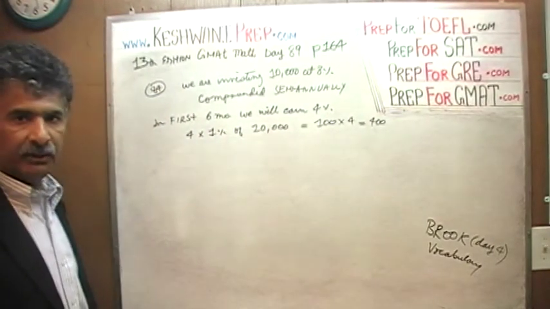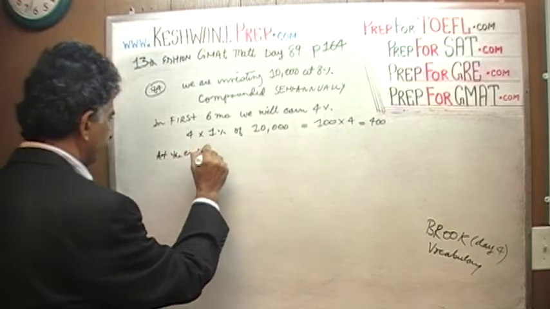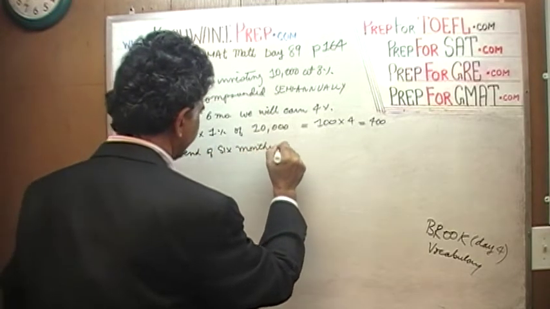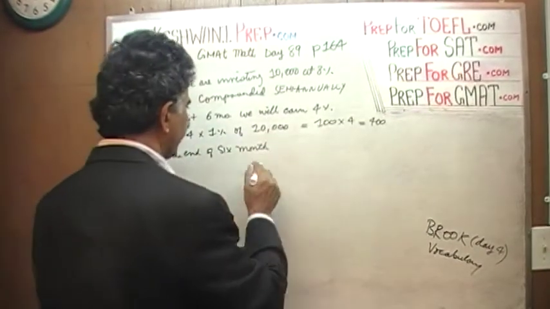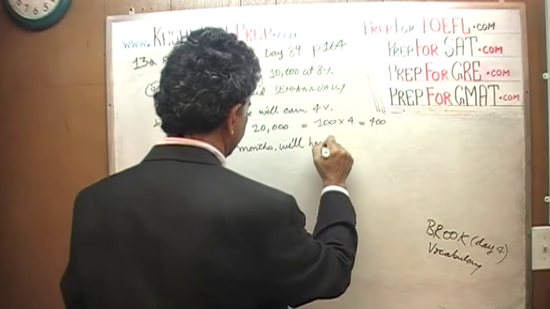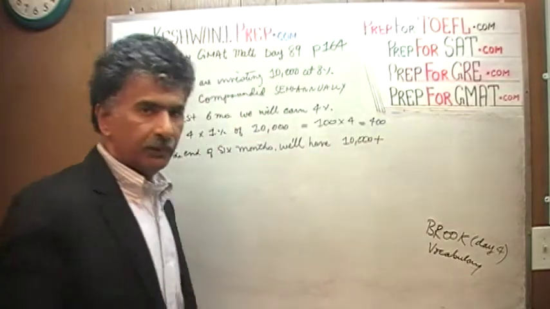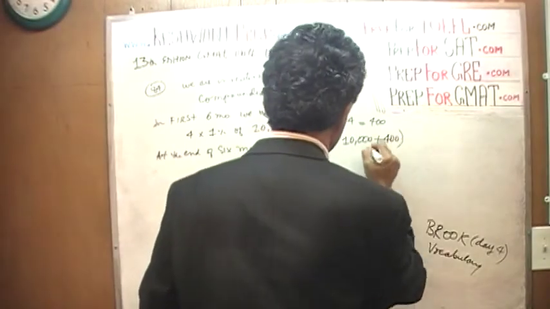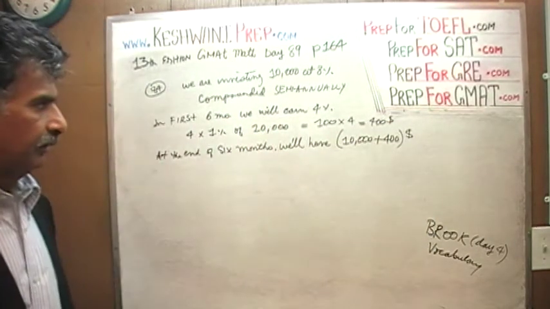So at the end of 6 months, we will have $10,000 of our initial investment that we started out with, plus the $400 in interest that we earned at the end of 6 months.